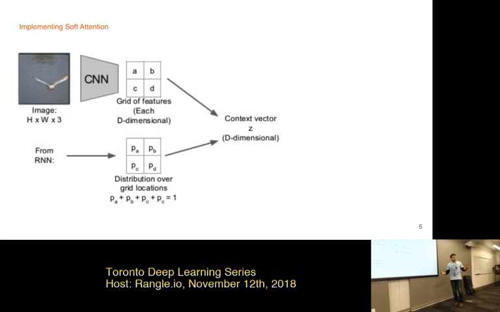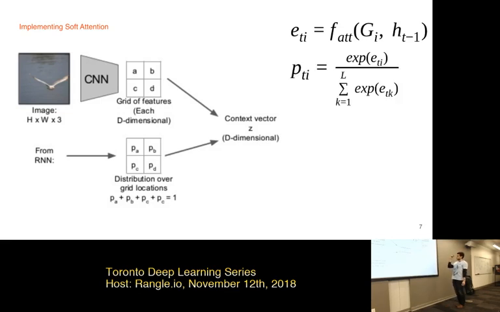To get a little bit more into the details, we compute the score of every grid location using a neural network that takes in the 14 by 14 feature map and the previous LSTM hidden state. In order to make it a probability distribution, we apply a softmax operation.